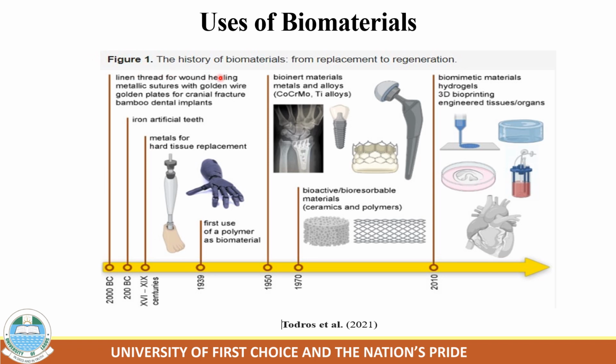So, uses of biomaterials, based on the history of biomaterials from replacement to regeneration. At the early stage, they made use of either natural or synthetic biomaterials for replacement of damaged body parts. At the next step up, they made use of some natural ones, and here they made use of synthetic ones. The final stage is referred to as regeneration, whereby they use cells to 3D print a part of the human being for replacement of the damaged part.